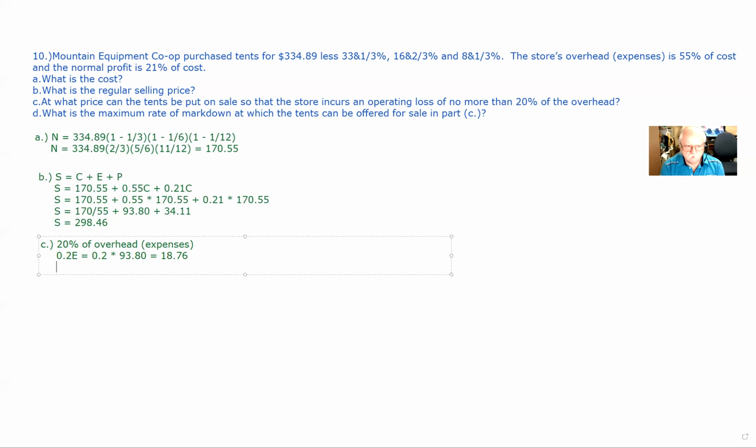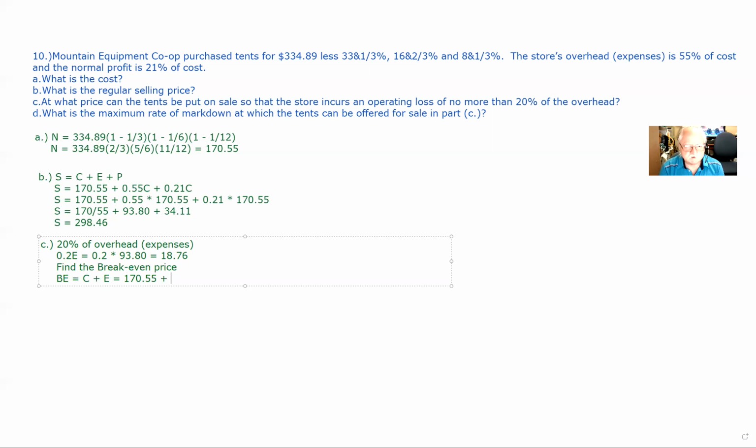So we've got to find the break-even price. And the break-even price is going to equal cost plus expenses. And we know the cost, or at least we think we do, 170.55.